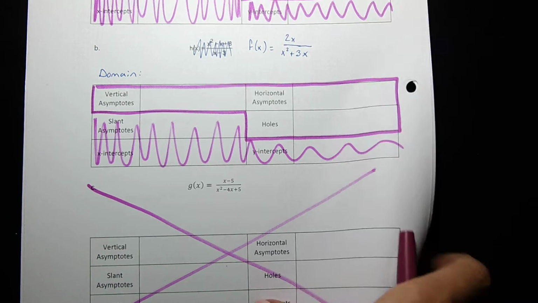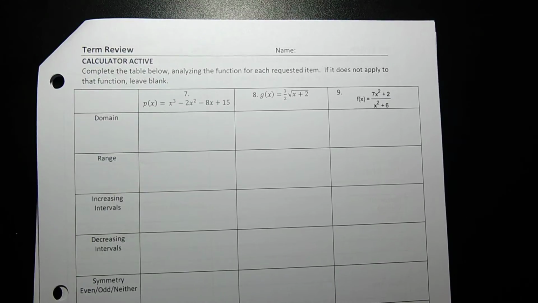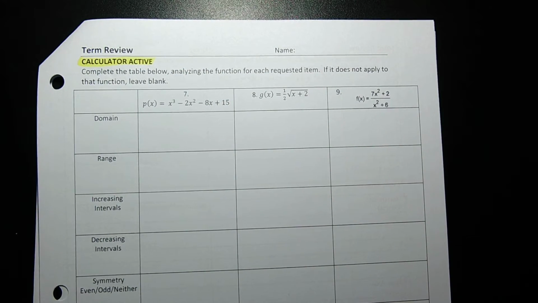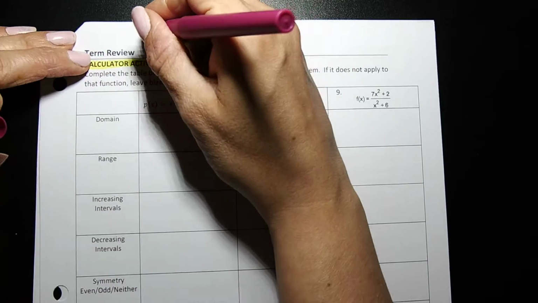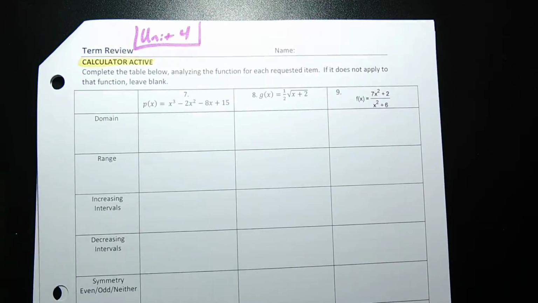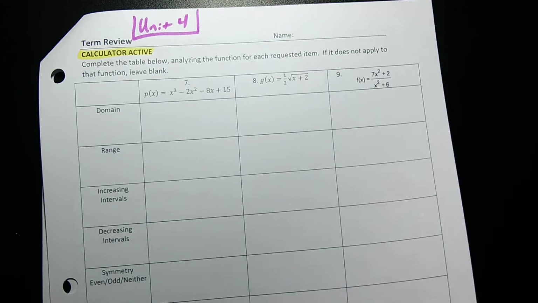All right, next page. This is where your calculator goes active, which means you're probably going to have to use your calculator on these problems. These are Unit 4. We're not going to go through all these problems over the next few days, but if you want extra practice with something, the solutions are posted on good old Canvas. On page 6, that's Unit 2.